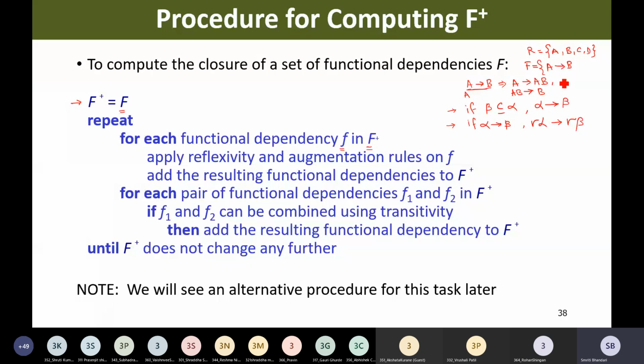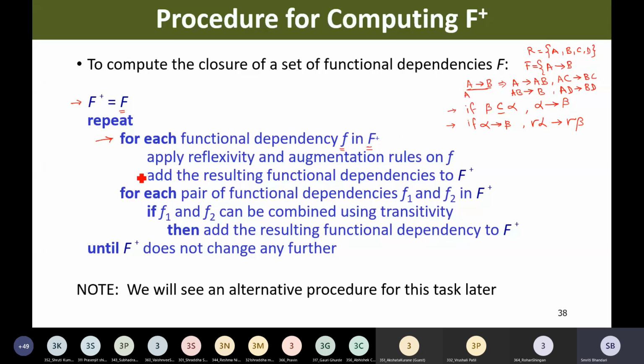If I augment C to this functional dependency, I get AC determining BC. Similarly, I may augment D and come up with AD determining BD. This is how we add functional dependencies by applying these rules.